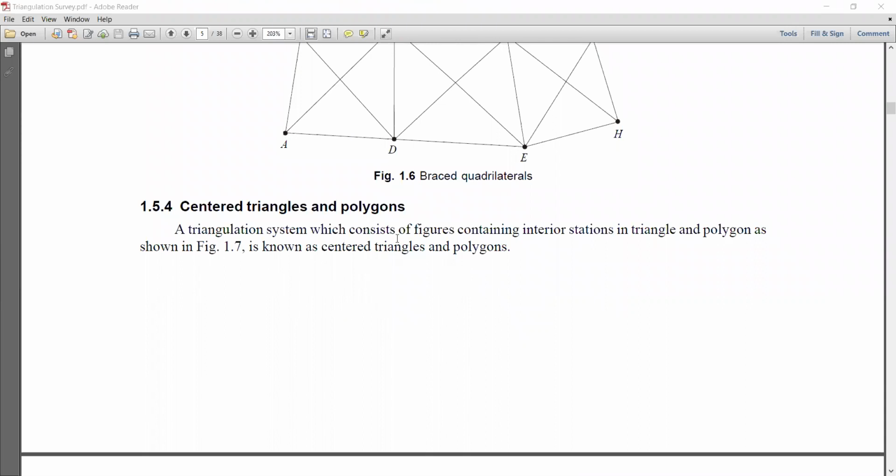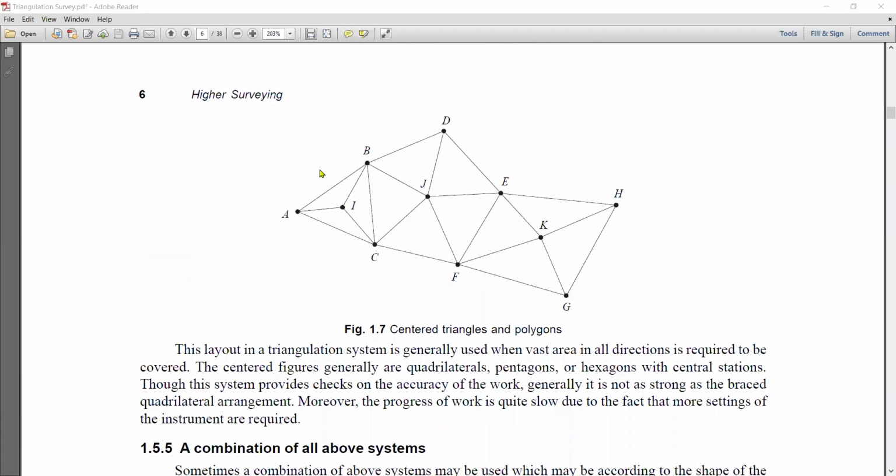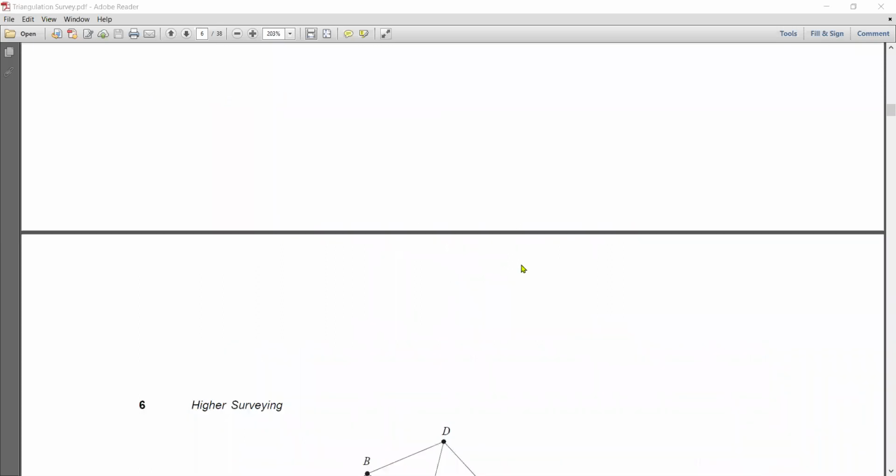A triangulation system consisting of figures containing an interior station in a triangle or polygon is known as centered triangles or polygons. You see this diagram. This is the centered station, and centered triangles and polygons make a polygon.